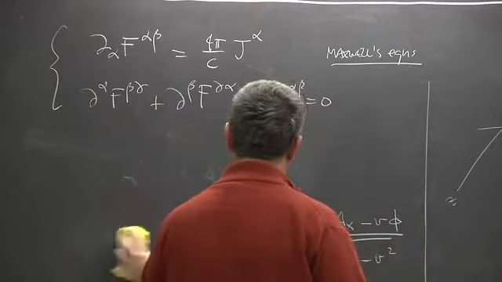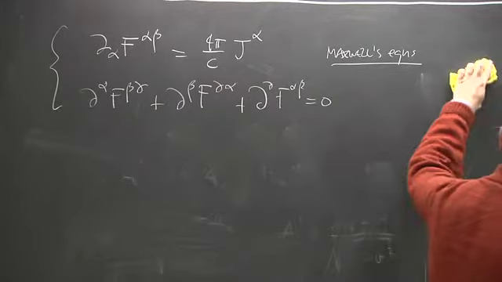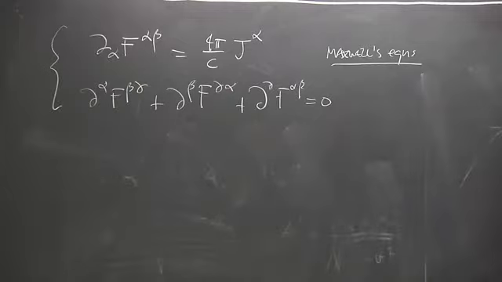How do they transform under a Lorentz boost? You see that they are not 4-vectors, so they are not going to transform exactly like the coordinates or the potentials, as we just wrote for the potentials. It's a little more complicated, but not that much.